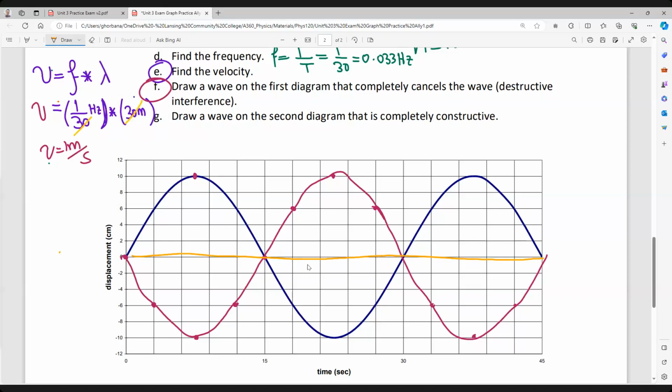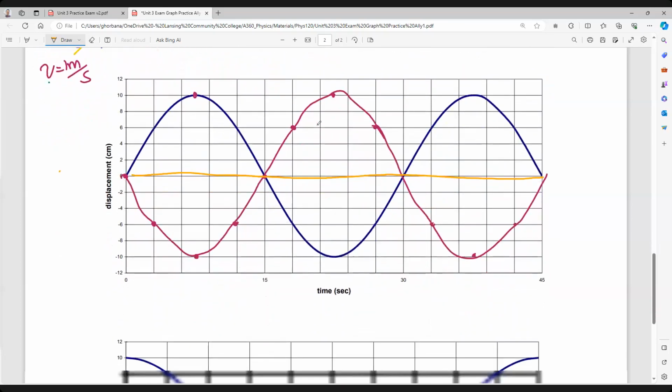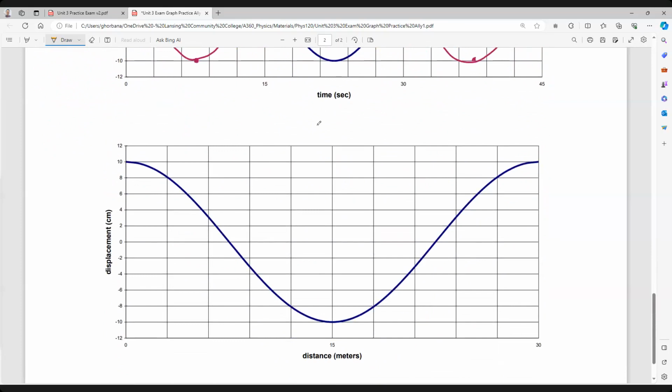Make sense? Great. Part G is asking us to draw a wave on the second diagram that is completely constructive. We just go to the second wave and draw exactly the same wave, because it's asking us to have perfectly constructive interference.